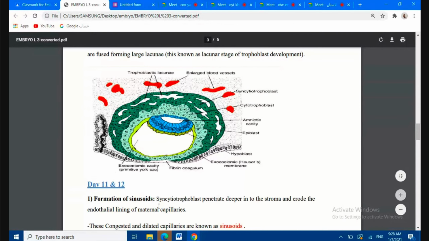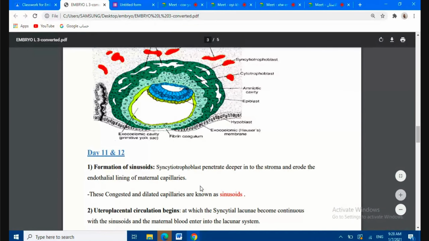No, it is the one that tries to penetrate the tissues or cells inside the maternal uterus, the uterus wall. What will happen? There will be penetration of the layers of cells in the syncytial trophoblast into the stroma, and they will erode the endothelial lining of the maternal capillaries. Where do they arrive? Since it is looking for food, it reaches the maternal capillaries, the capillaries of the mother.